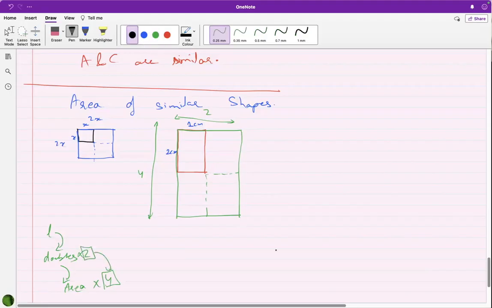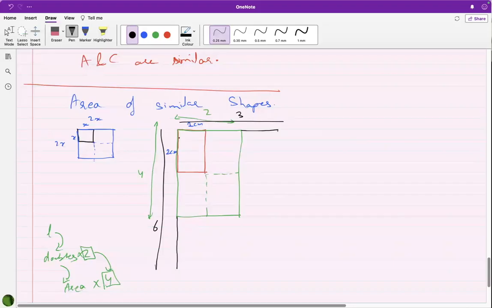Now see what happens. I'm going to do it 3 times. Length 3 times. So 2 centimeters, I'm making it 3 centimeters on this side. That was 4, and I'm making it 6 on this side. Now this full length is 6. This full length is 3.